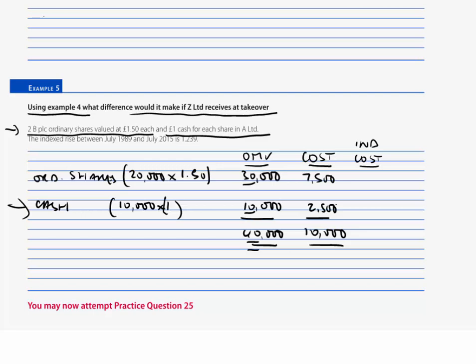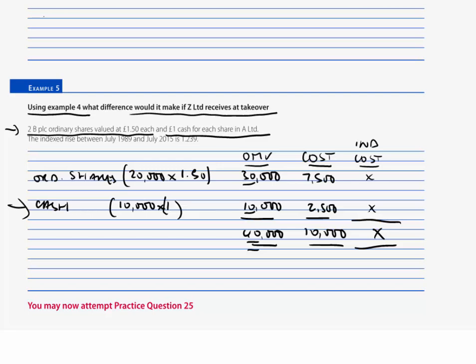Had we had an index cost given, that figure would also have been divided 3/4 and 1/4 between the ordinary shares received and the cash received. As it is, they didn't provide us with that. We didn't have the RPIs for when we bought and the date of takeover.